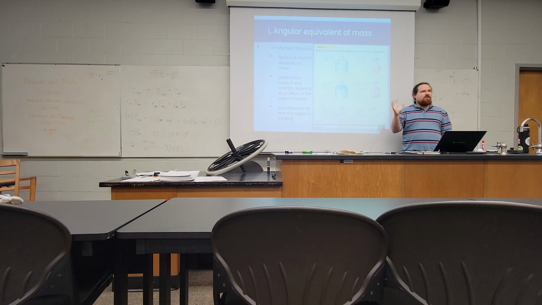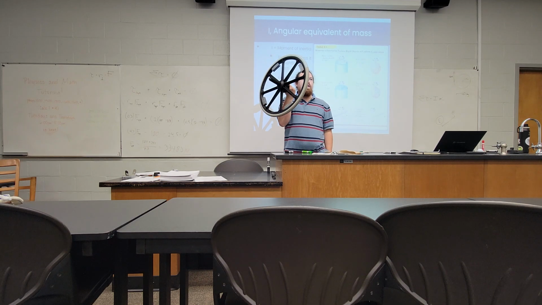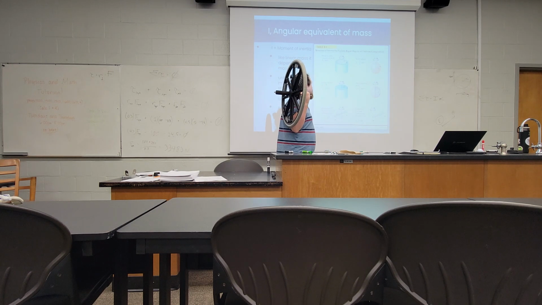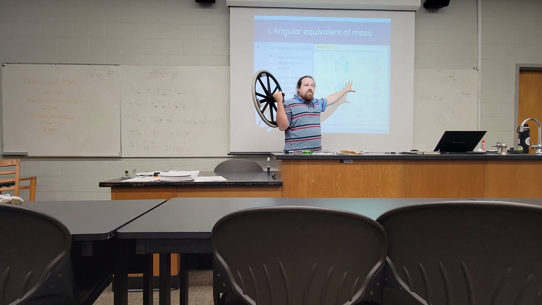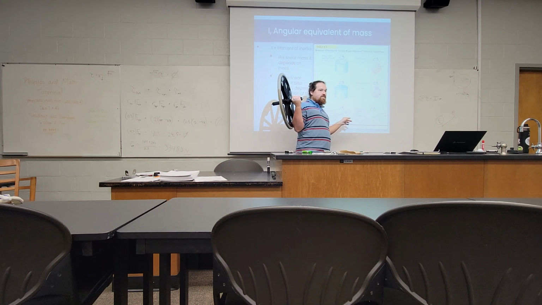Because it's not only which axis you choose to spin something through, different shapes have different tendencies to rotate to different degrees. Off the top of your head, what do you think is the easiest shape to make spin? Circles. And that's one reason why bike tires, all tires, are shaped the way that they are. Wheels spin easiest, and I can actually prove that looking at this formula here, because this chart right here shows all different moment of inertia formulas for different shapes and spinning through different axes.